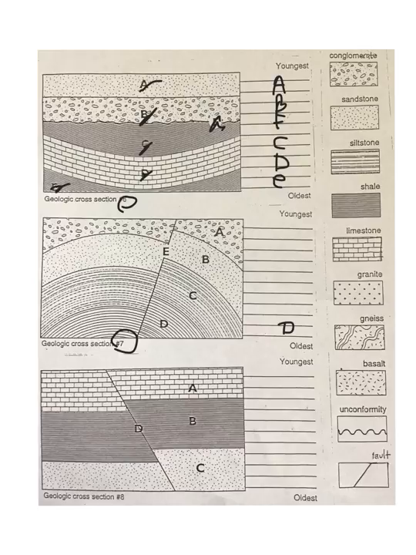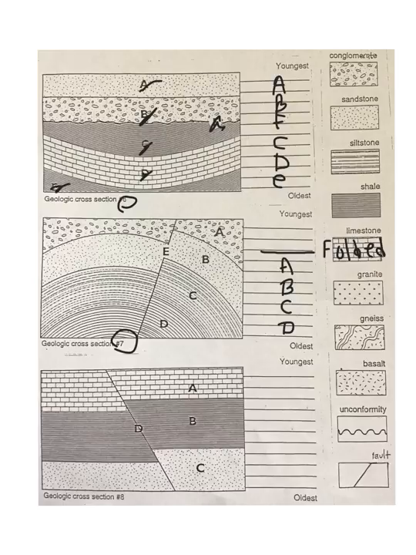Okay, cross section number 7, D would get deposited, and then C, and then B, and then A. And now the next layer or letter on here would be E, but in between A and E, this would get folded, or bent.